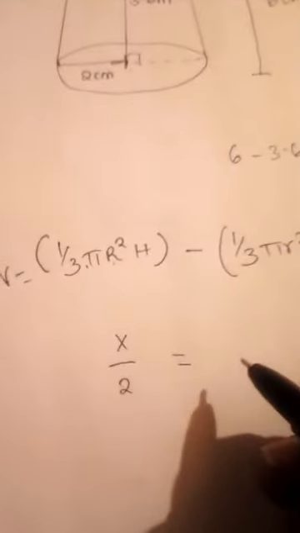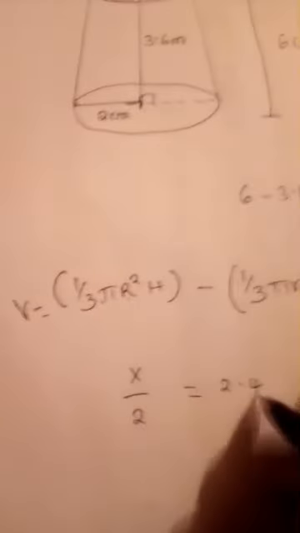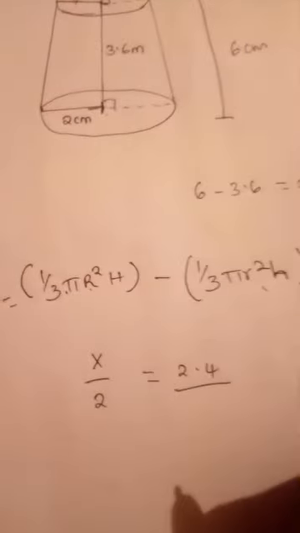So let's call this radius x. Then x over the larger radius, which is 2, is equal to the height of the smaller cone, 2.4, over the height of the larger cone, which is 6.